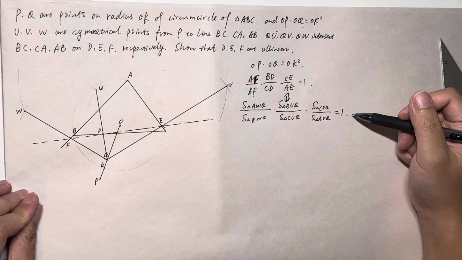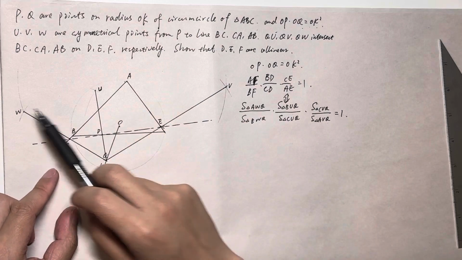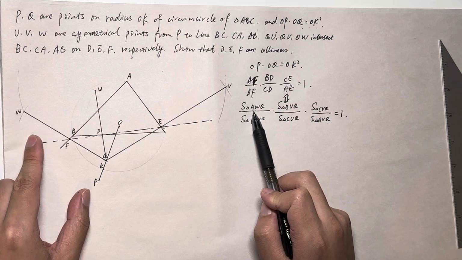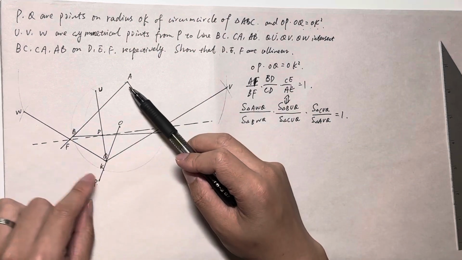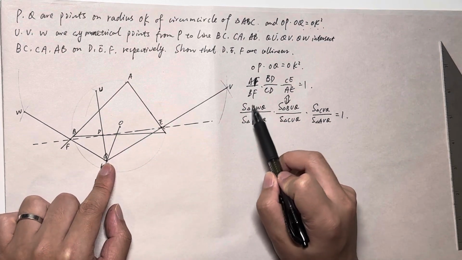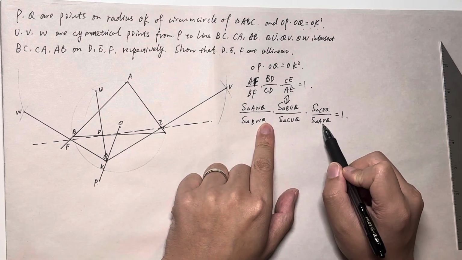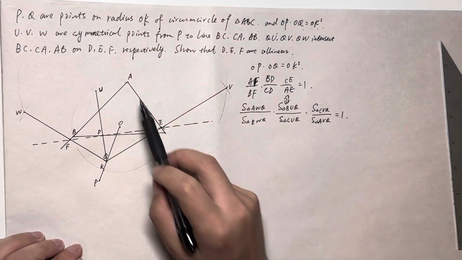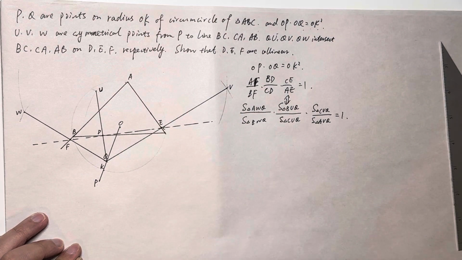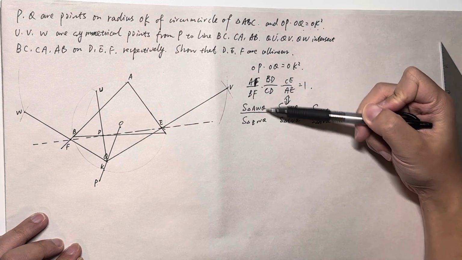These two equations are equivalent. If we look at AWQ, it has an edge AW, another edge AQ, and another edge WQ. Triangle AVQ has an edge AV here. So we know that AW can cancel AV, and WQ can cancel each other.